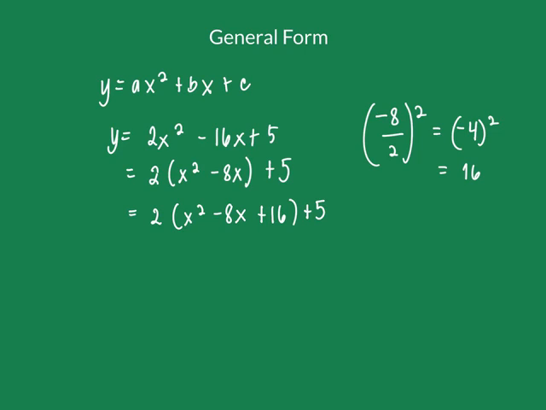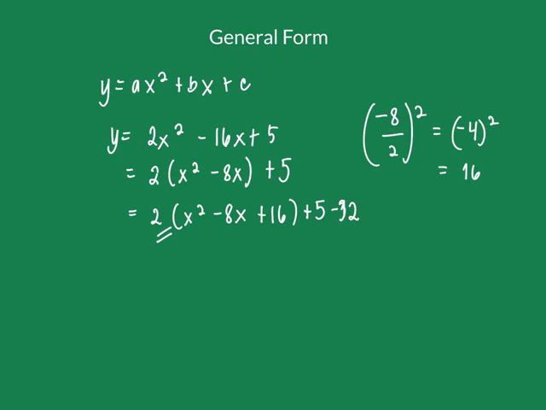Now, why do we have to subtract 16 times 2? Remember, we factored out a while ago a 2 from the expression inside the parenthesis. So that means if we added 16 inside, we have to multiply that by 2 and subtract it outside the parenthesis. So that's going to be minus 32.